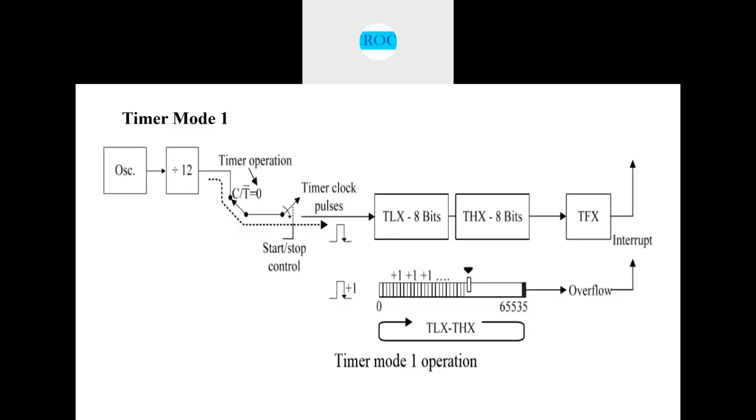Take an example, the initial value in the TLX register, whether it is timer 0 or 1, will be 00H. And whenever it receives one clock pulse, the TLX register will increment by 1, so it will be 01. The next time it will be 10. The third clock pulse it receives, it will be 11. This is how it works.